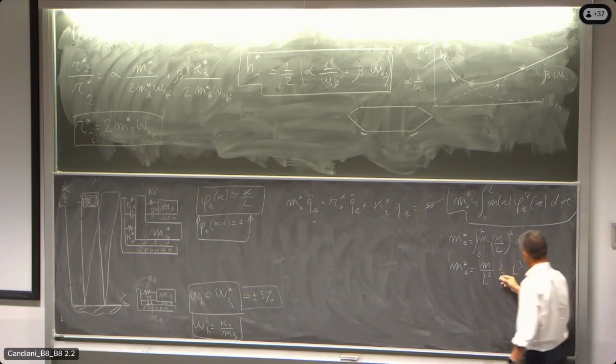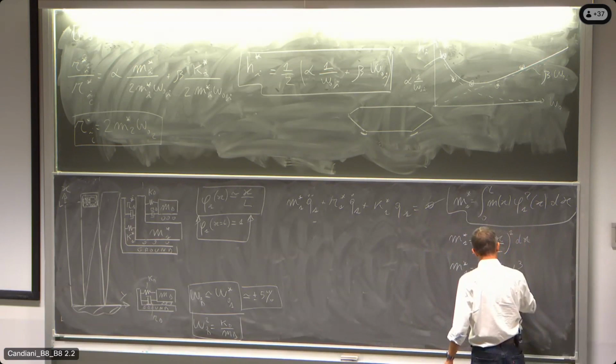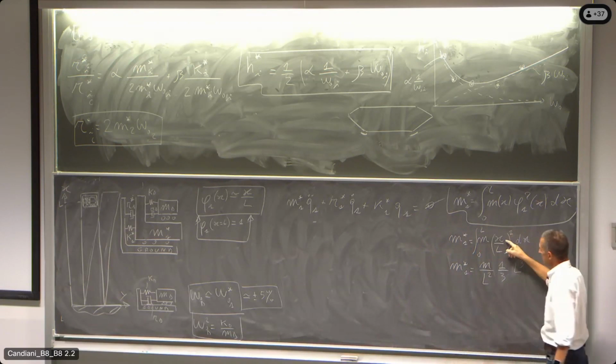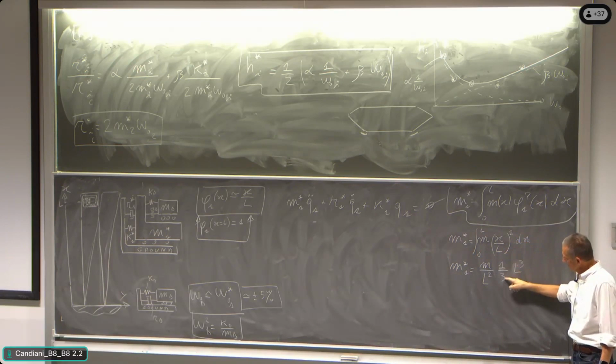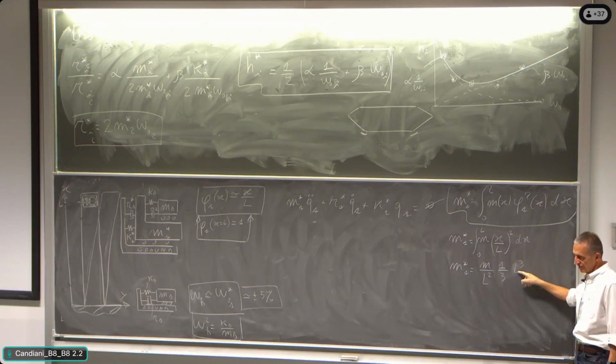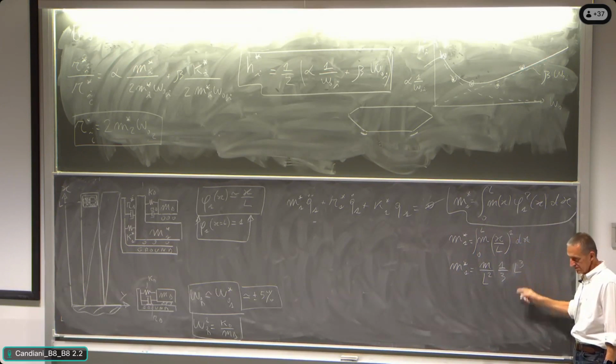No. So the integral of x square is 1/3 x to the power of 3, all right? 1/3 x to the power of 3, calculated from 0 to L, makes L to the power of 3. Is it clear?